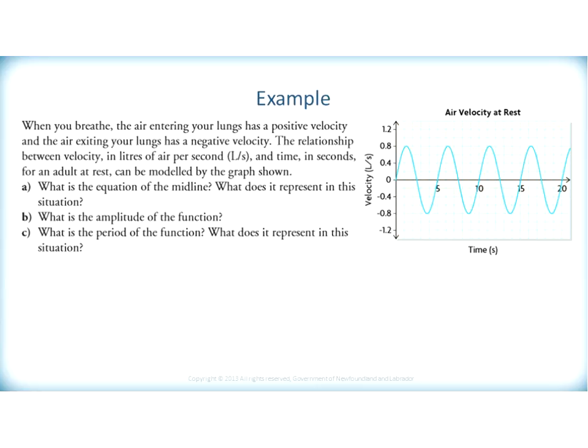What is the equation of the midline? The midline is actually at 0. The equation of the midline would be y equals 0. What does this represent? It represents the velocity between breaths.